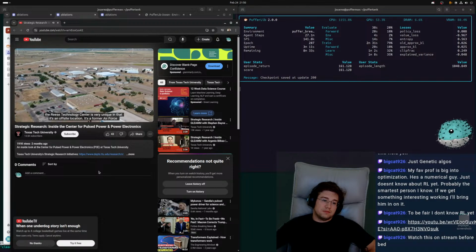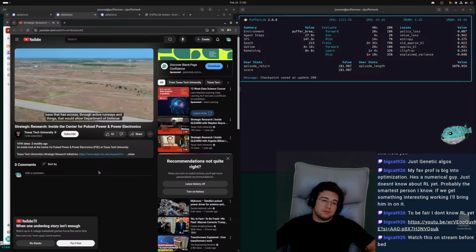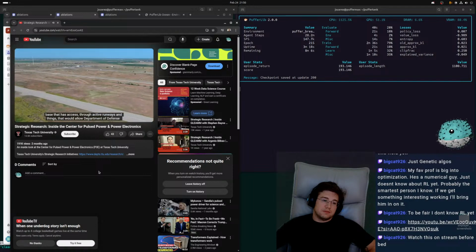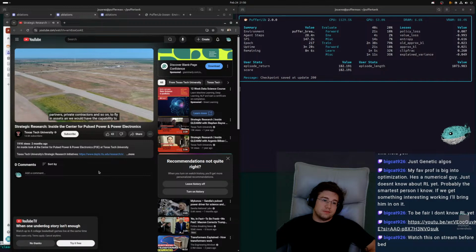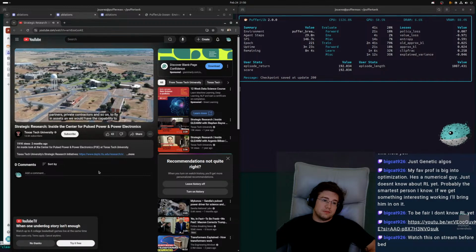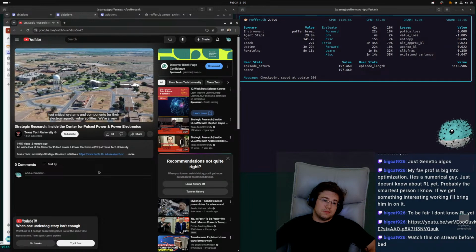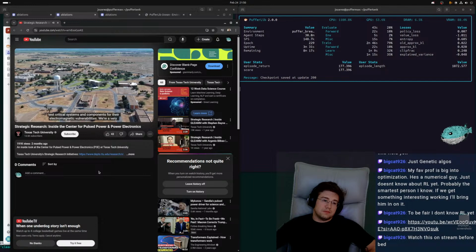It's a former Air Force base. It has access through active runways and things that would allow Department of Defense partners, private contractors and so on to fly in assets, and we would have the capability to test critical systems and components for their electromagnetic vulnerabilities.